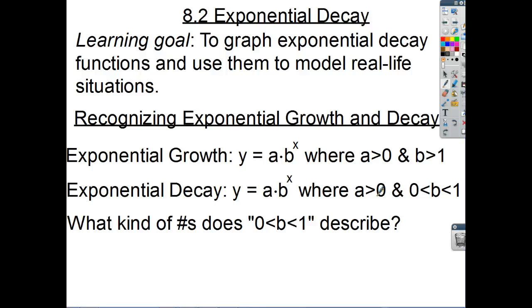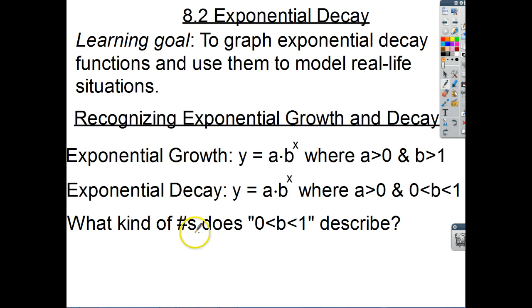It's an exponential, but it's neither growth nor decay. A has to be greater than 0 to be considered growth or decay. And then the parameters for b are that it be greater than 0 but less than 1. So the big difference between growth and decay is the value of b.